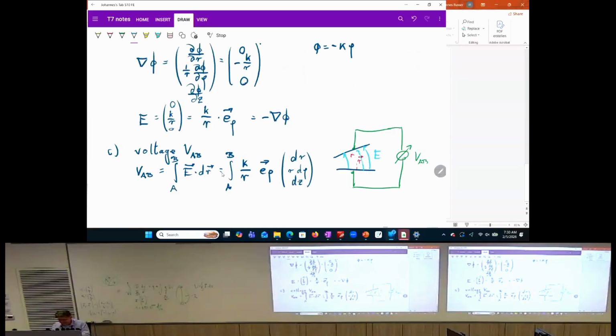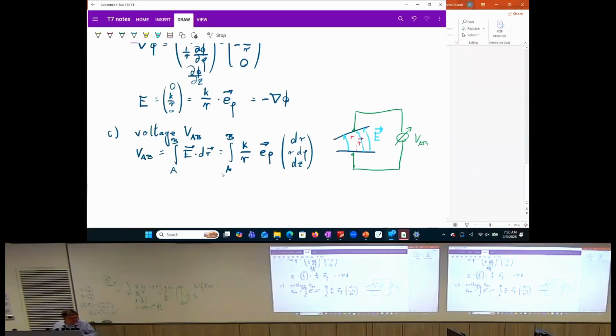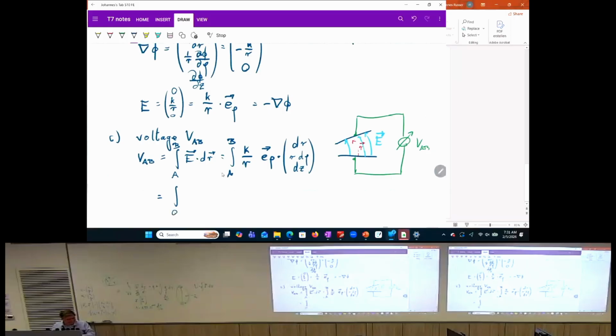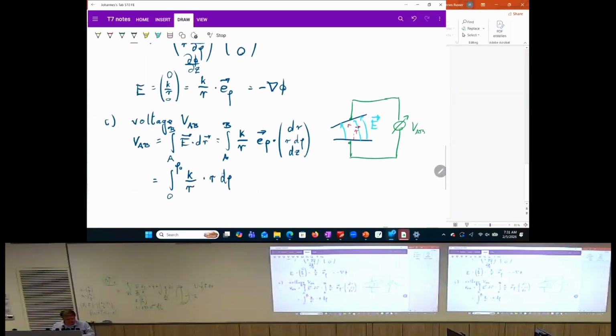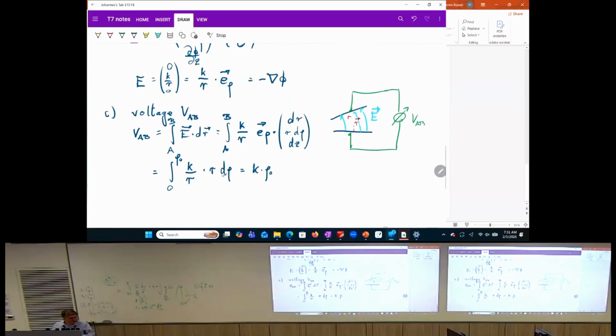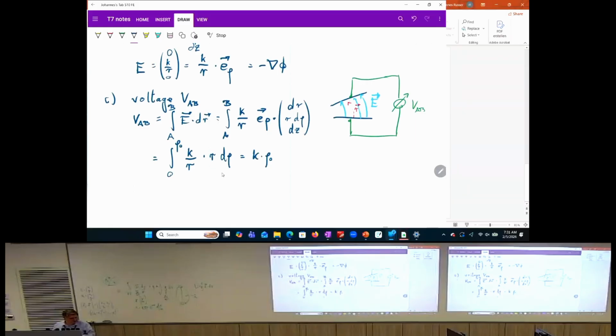This is our E field. You see the E field has a phi component, so let's choose the integration path along that. We're integrating from 0 to phi naught k over r times r d phi, and that would be k times phi naught. So this is our voltage.